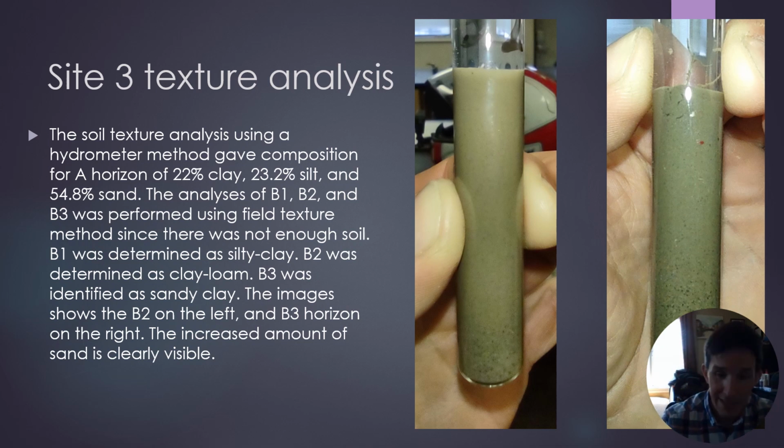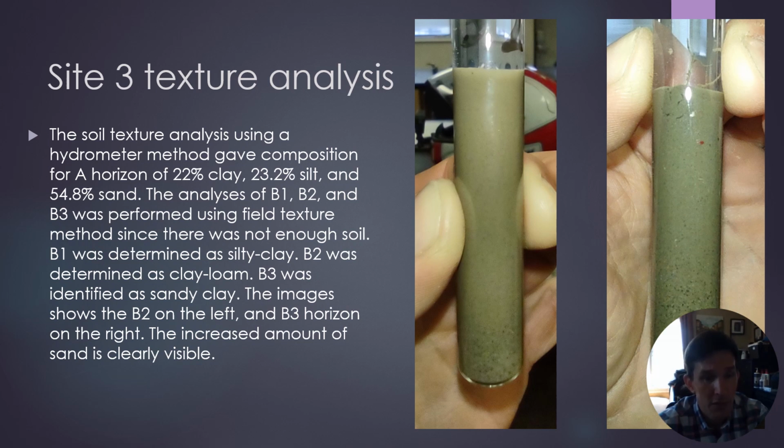So it is quite sandy, and that is to be expected if we see a hill nearby and we get alluvial deposits, and if the parent material is sandy, so we expect to find more sand in this horizon.